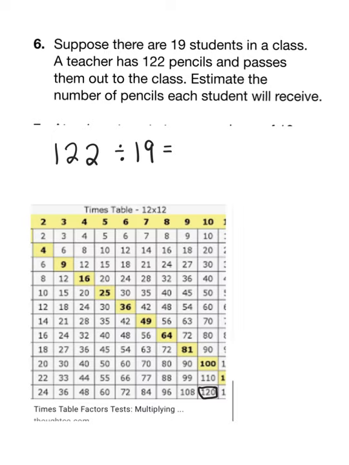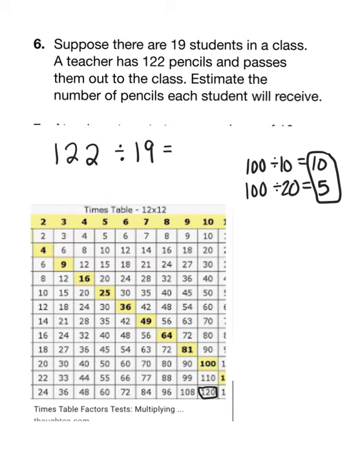Now for this one, I can think of lots of compatible numbers that you could use, but none of them are really all that close to 122 divided by 19. I mean, you could change it to 100 divided by 10 and do it that way. You could change it to 100 divided by 20 is 5 and say your exact answer needs to be between 5 and 10.